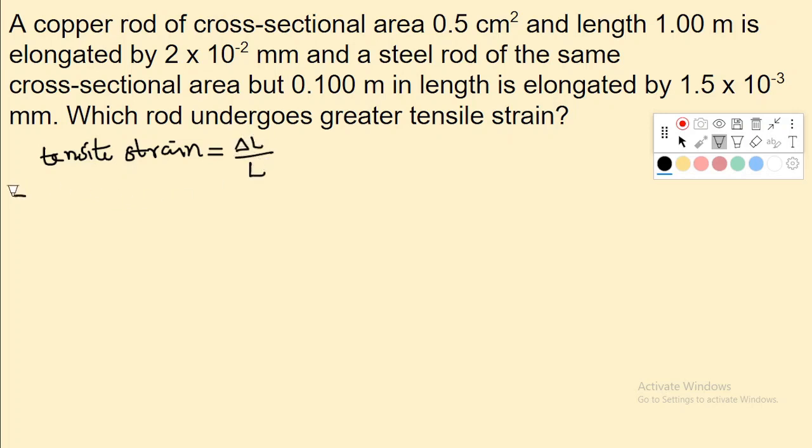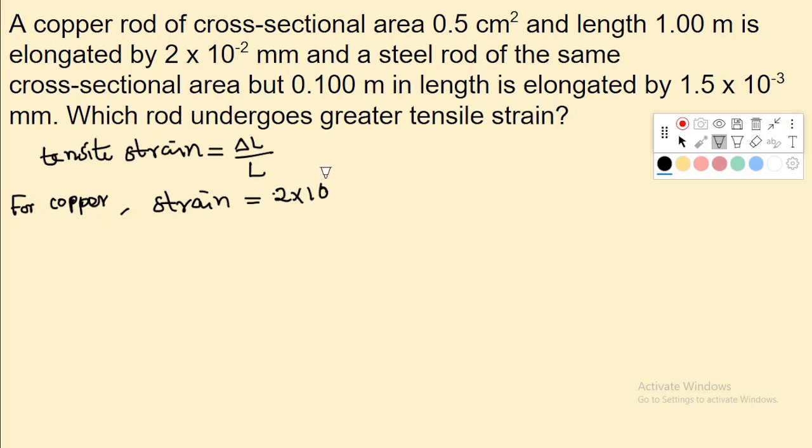So for copper, the strain is equal to delta L by L. For copper, delta L is equal to 2 into 10 raised to negative 2 millimeter.